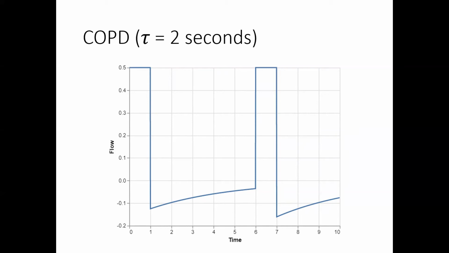This is obviously not the case here. If we count the time for exhalation, we've got 1 second, 2 seconds, 3, 4, 5. So we only have 5 seconds for exhalation. And you can clearly see that there is still flow from the patient before the next cycle is delivered. So this patient will have a degree of auto-PEEP.